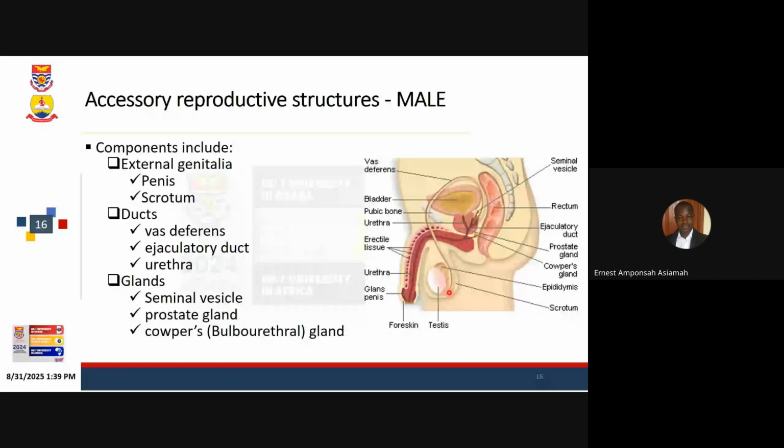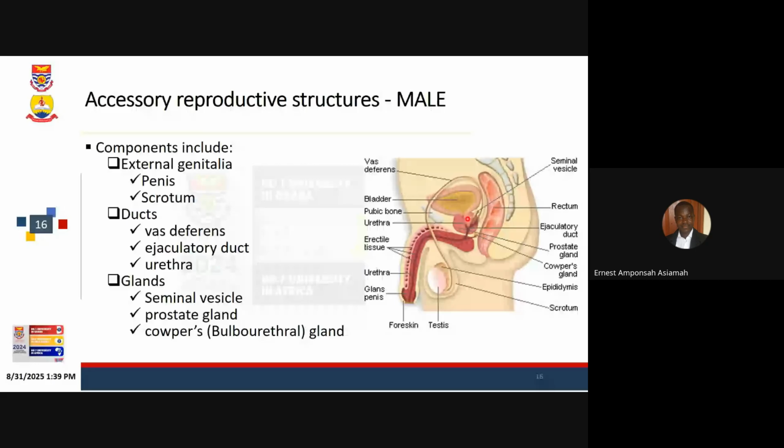This is a duct that is continuous after the testis; continuous to the testis is the epididymis. So we have this as the vas deferens, a duct that drains the epididymis.